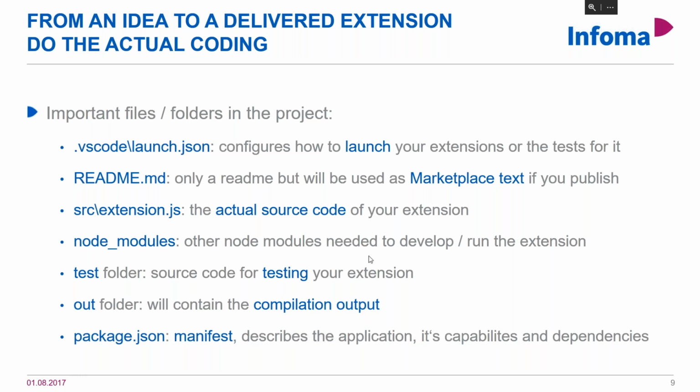Then we have a Readme file. This obviously is only a Readme file, but the interesting thing there is if you are going to publish your extension on the marketplace, then this Readme is going to be shown as the first page of your extension. So you better don't put anything stupid in there.